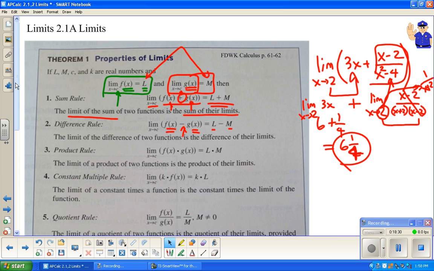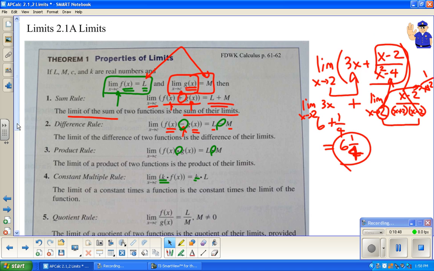So the idea is you can break it up piece by piece, and it's very intuitive. If you're looking at subtraction here, you can subtract limits. If you're looking at multiplication here, you can multiply limits. If you have a constant multiplying, you can do the limit first and then multiply by the constant.